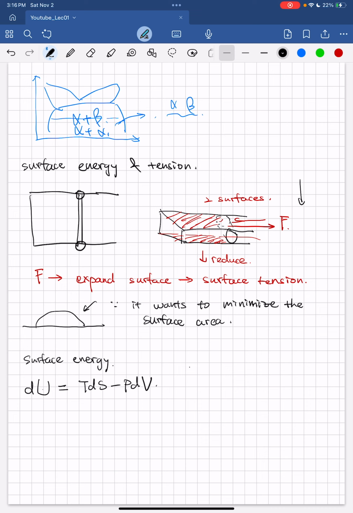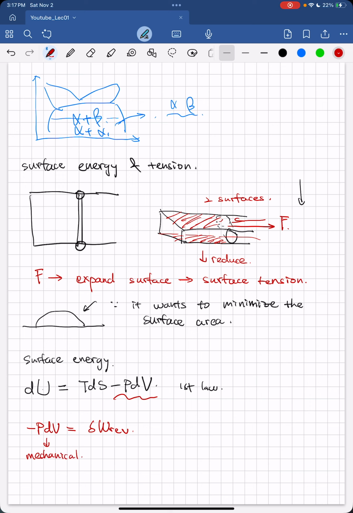First law. And here, this minus PdV is the reversible work. That's how we concluded in thermodynamics 1.